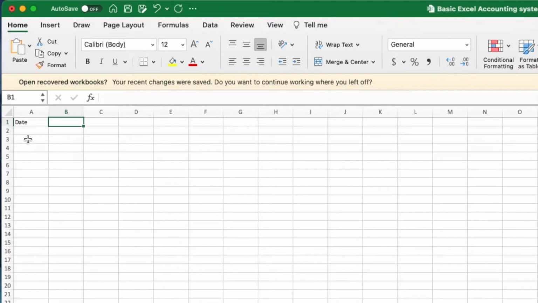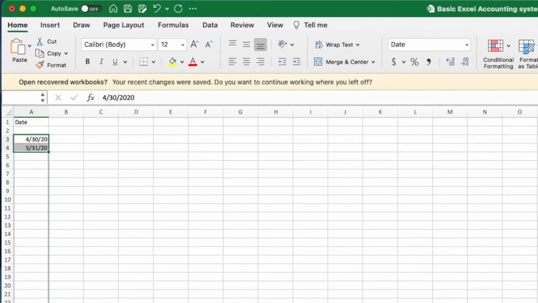So we are starting with April 30, 2020 is the first date. The next month, we're going to do one row per month, and you'll see why we do that and how that lines up here in a second. So then we're going to have May 31st, 2020, etc.